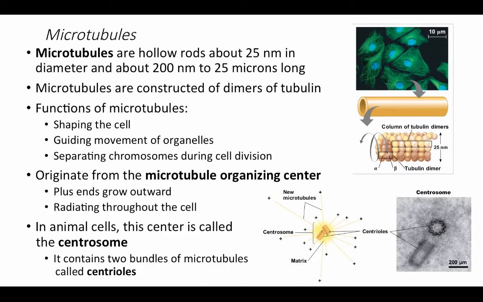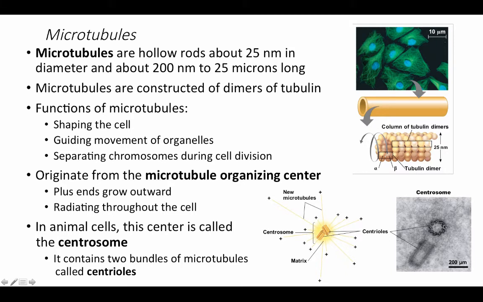So this microtubule organizing center in animals is called the centrosome. It's close to the nucleus, and it contains two bundles of microtubules called centrioles. So they're usually diagrammed looking sort of like short little pieces of licorice. They're composed of a set of tubulin triplets around a central cavity.